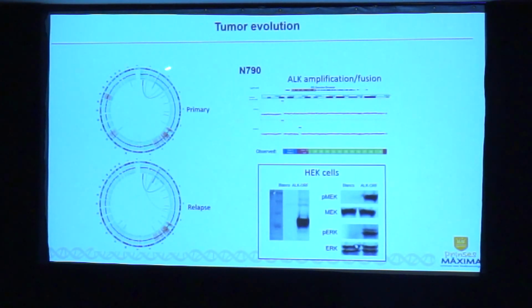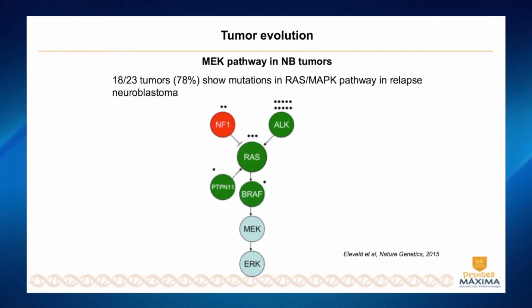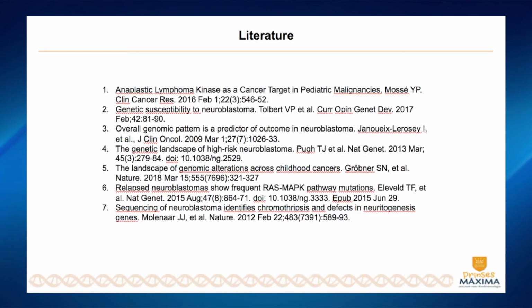Another event here, 1 MYCN amplification here, a second line appearing, and that is actually the ALK amplification, which is de novo, that also activates the RAS-MAPK pathway. And we do see that in relapsed tumors, there's a high frequency of aberrations in the RAS-MAPK pathway, which is not occurring in the primary tumors. I think this is quite a high percentage, but there's a strong enrichment, and I'll be talking on that on Friday.